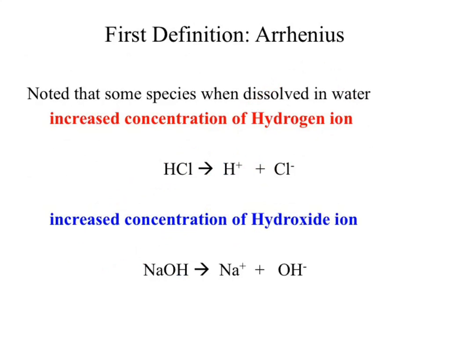If we dissolve it in water and the concentration of hydrogen ions goes up, we call that an acid. Look at that, I even color-coded it, right? If instead we take that compound and we drop it into water and we see an increase in the concentration of hydroxide ions, we now have a base.